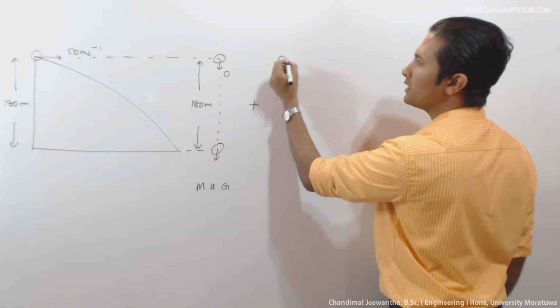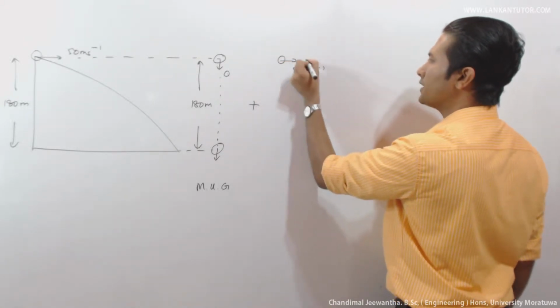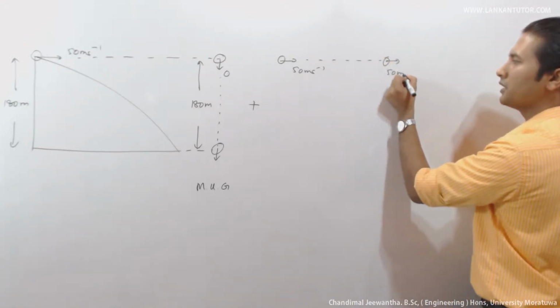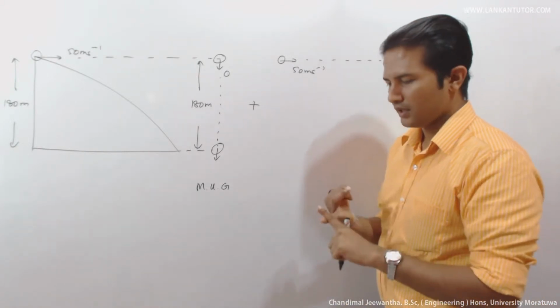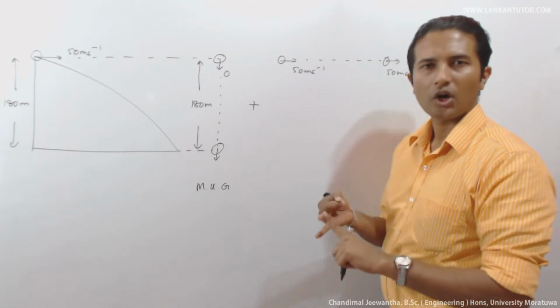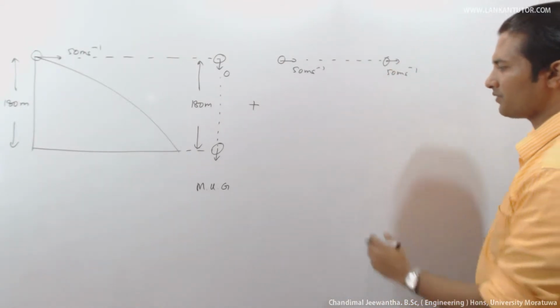Plus, we can consider the other motion which follows straight line motion just like this. Now we have to find the time of flight of the object and the horizontal range. So how would you find the time of flight?